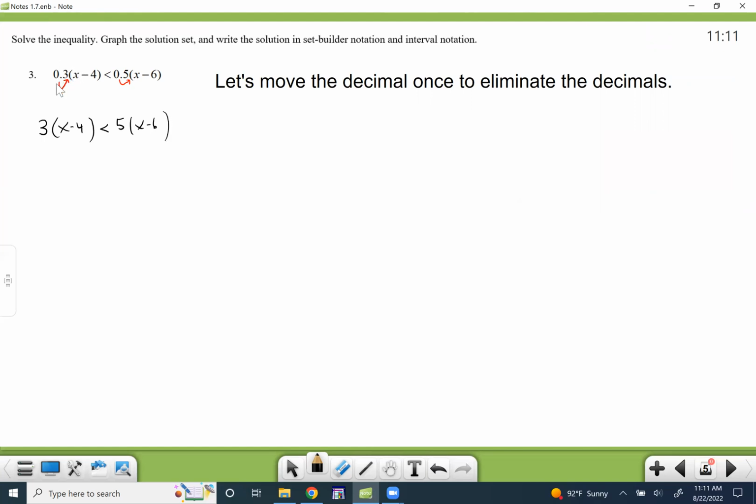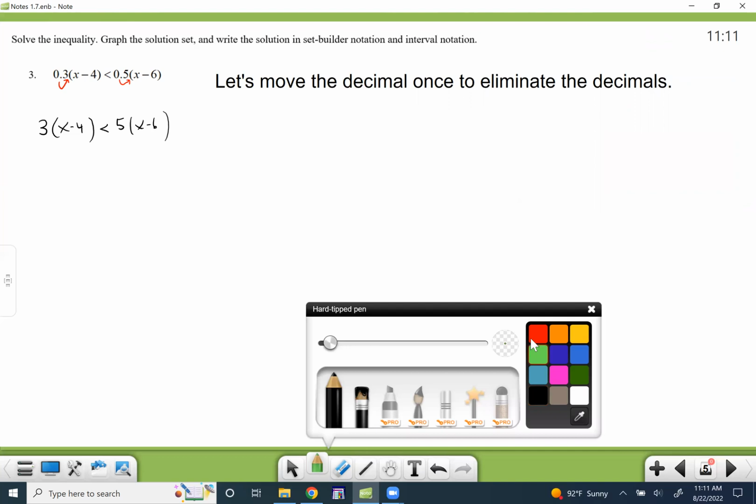So you don't want to double do it. We multiplied by 10. That's what moved our decimal place once. If I multiply by 10 to this number, and then this number is about to distribute in, well, then those are going to get multiplied by the 10 too. So don't double do it. All right, so we might as well go ahead and do our distributing.